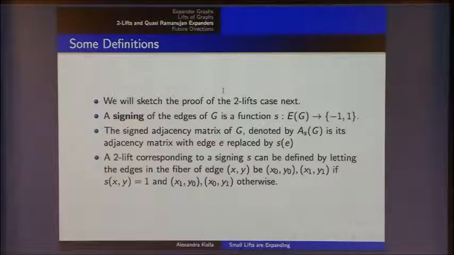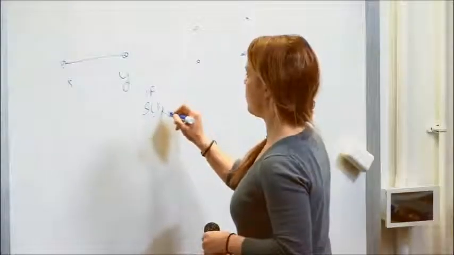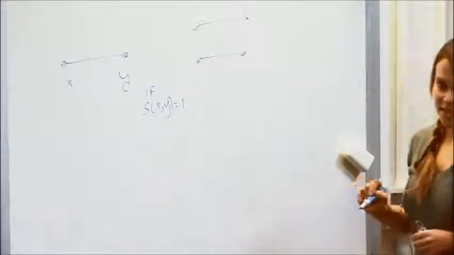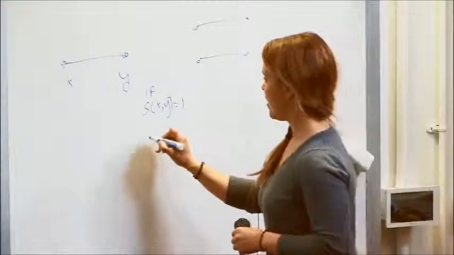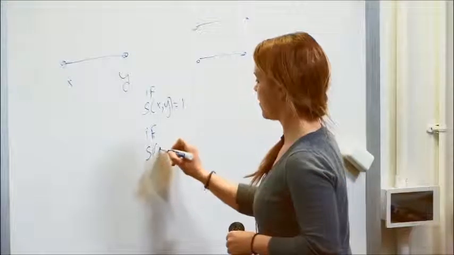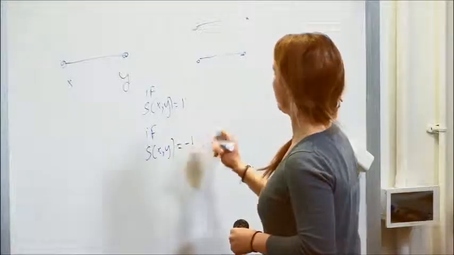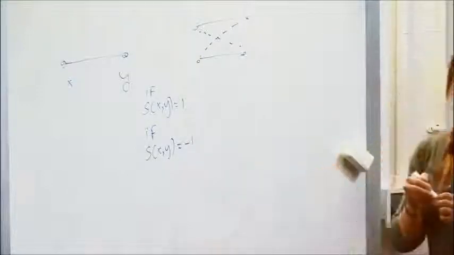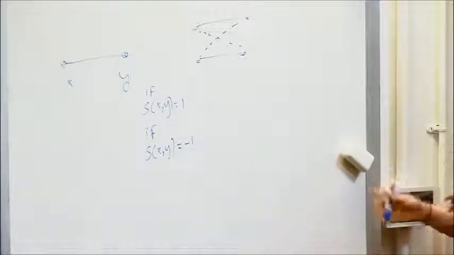So we have this edge, and here's the corresponding part of the two-lift. If the sign of xy is 1, then this is what happens in my lift. And if the sign of xy is minus 1, then this is what happens in my lift. So it's immediate to construct one from the other.